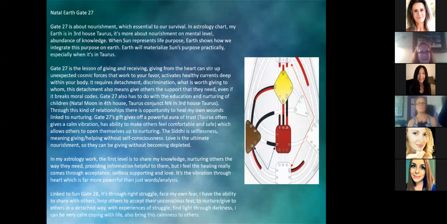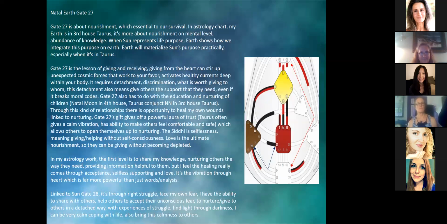Yeah, so the next position is the Earth. In the human design system, it's gate 27. Gate 27's meaning is about nourishment, which is essential to our survival. In my astrology chart, my Earth is in the 3rd house Taurus.